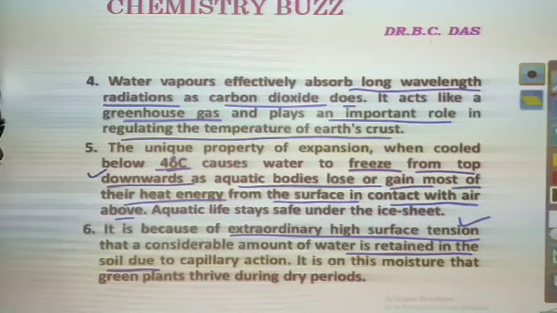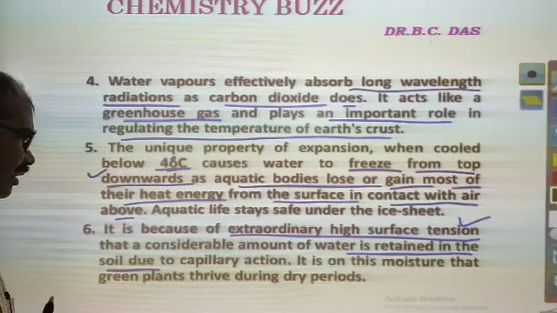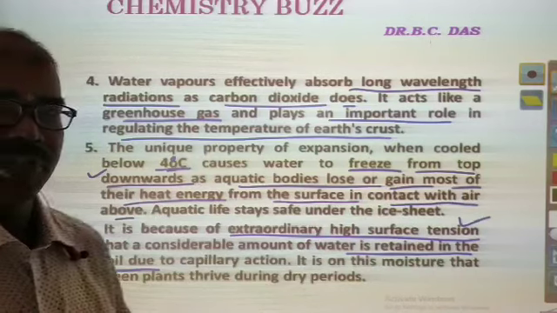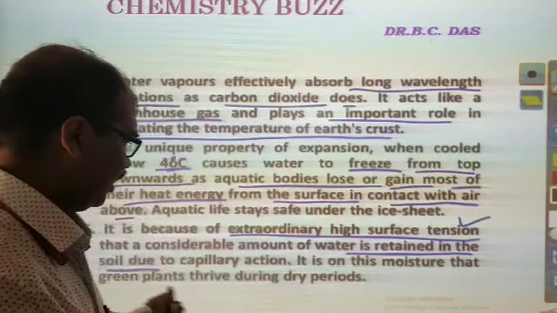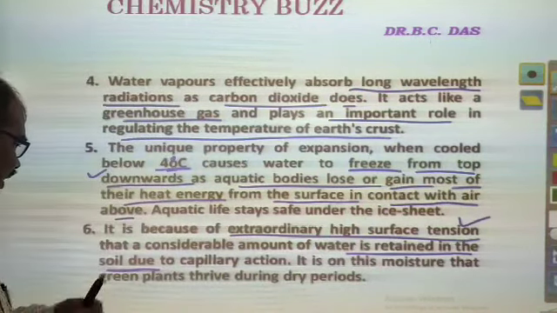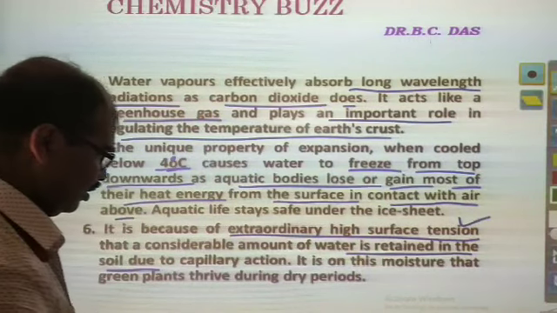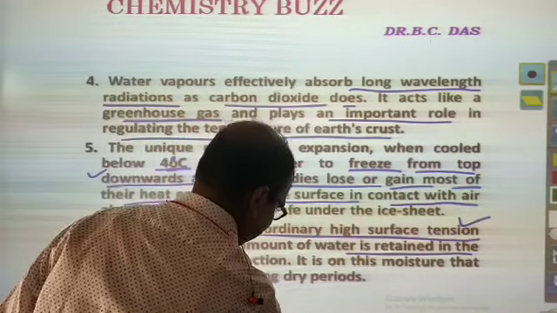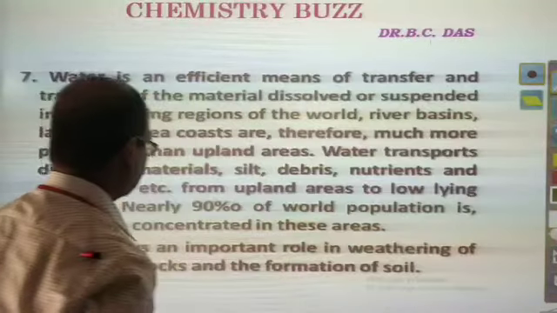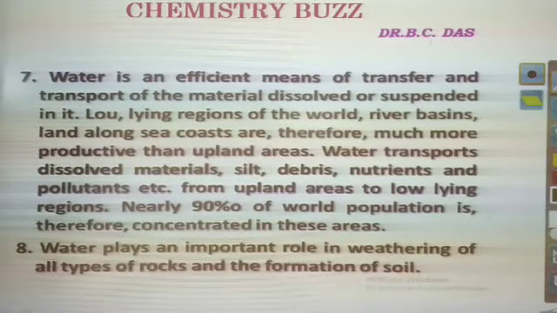It is on this moisture that green plants thrive during the dry period, on the soil moisture that remains in the pores of the capillary.